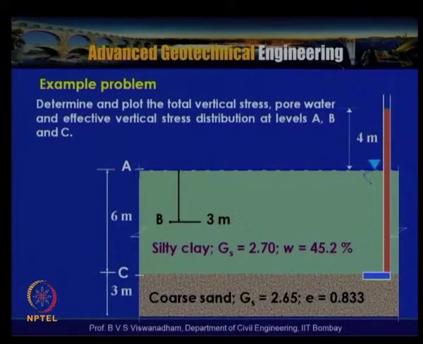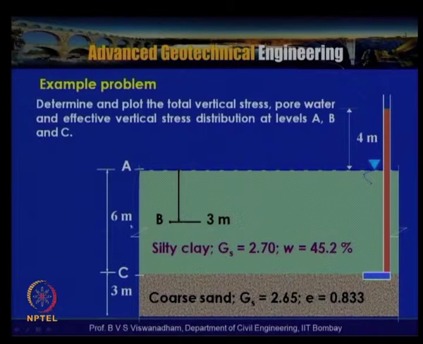Another example problem. The problem statement is: determine and plot the total vertical stress, pore water pressure and effective vertical stress distribution at levels A, B and C. The soil strata given is a 6 meter silty clay, and below that there is a coarse sand.